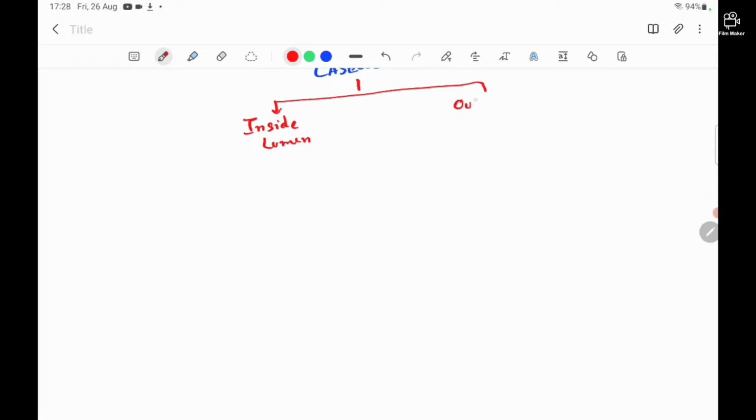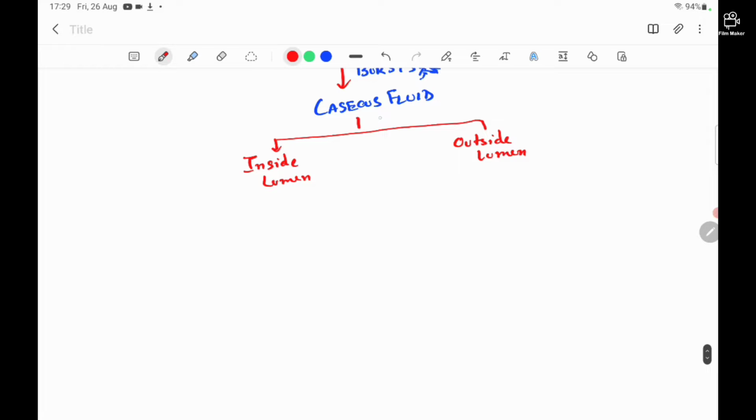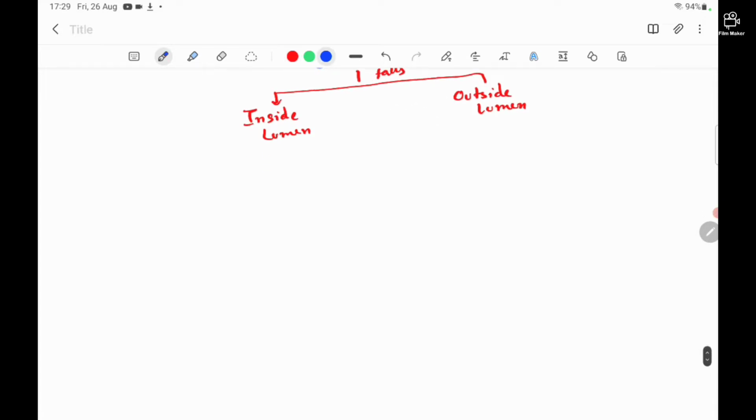If it falls inside the lumen, there will be tubercular pyosalpinx.